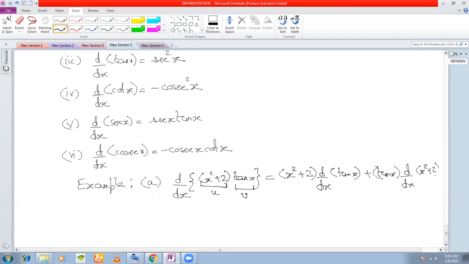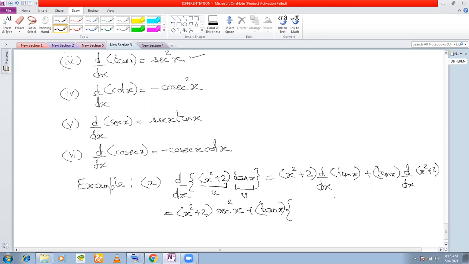So now this becomes (x square plus 2) and d/dx of tan x is sec square x, plus tan x as it is, and then you differentiate x square plus 2. Can you tell me what should be the differentiation of x square plus 2 directly? Devanjan, so 2x.